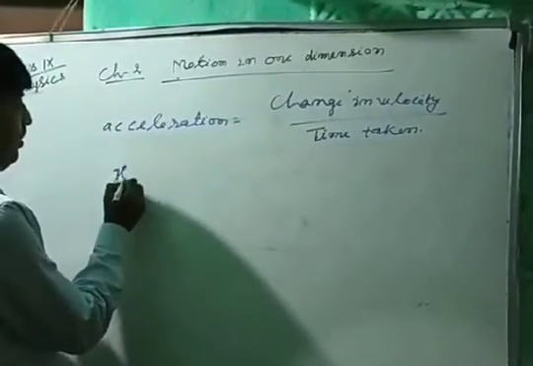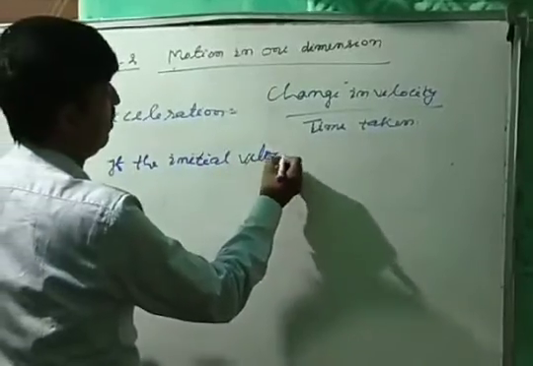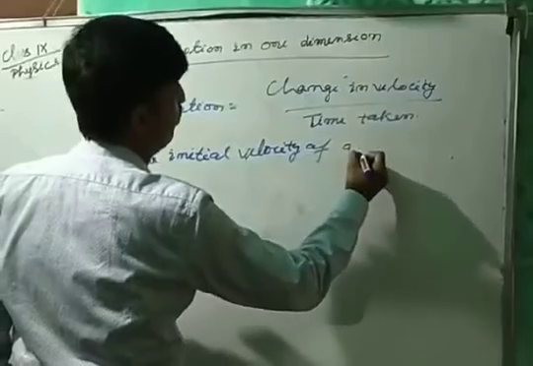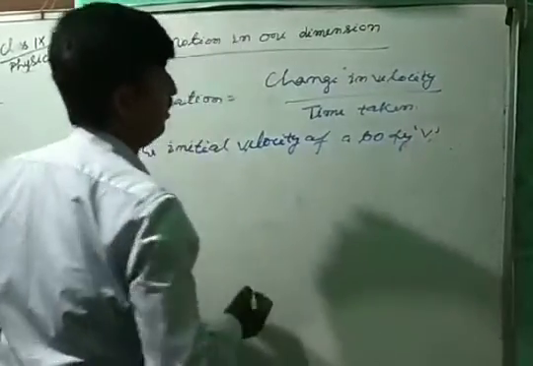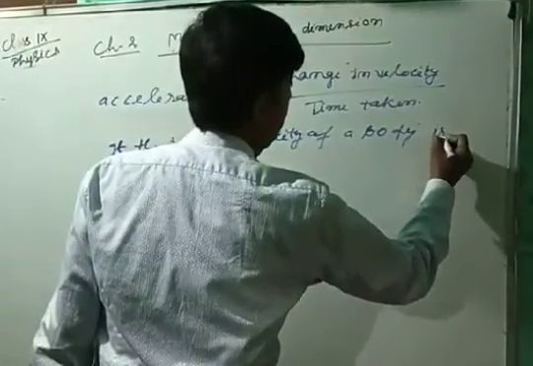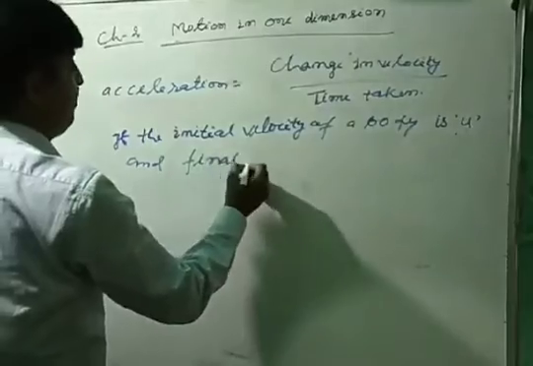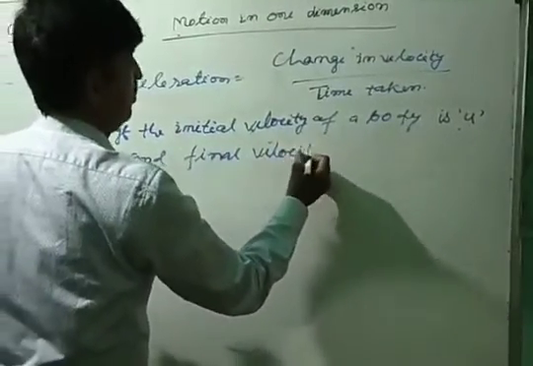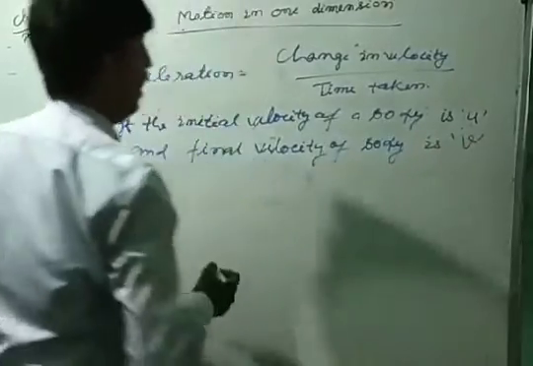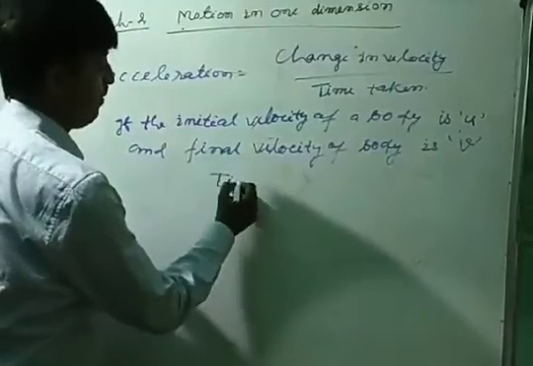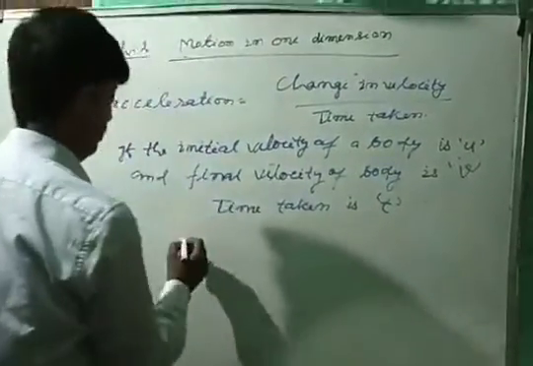Let the initial velocity of a body be u, the final velocity of the body be v, and the time taken be t.